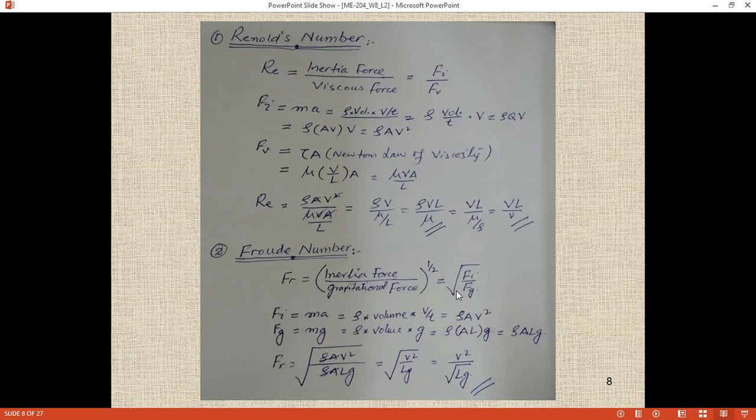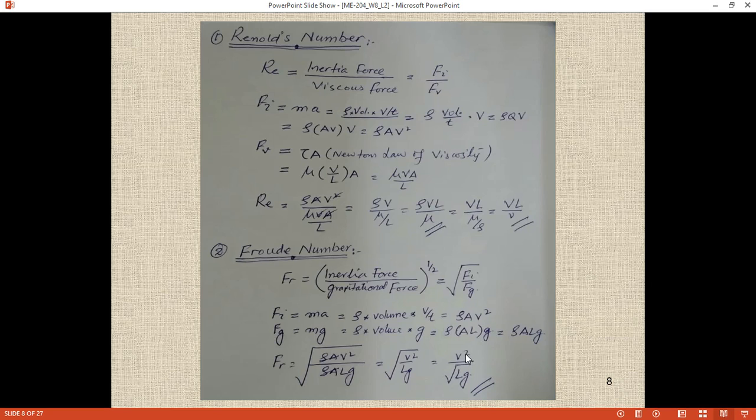So put these values in this equation. Rho A V squared is the inertia force, and rho A L g is the gravitational force. Here A and A will cancel, so V squared over L g, and it is not V squared, it is going to be V only.